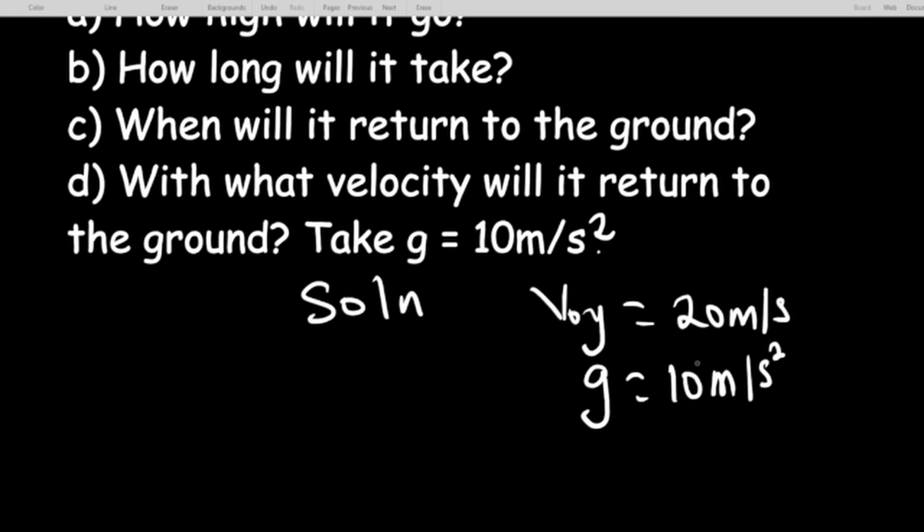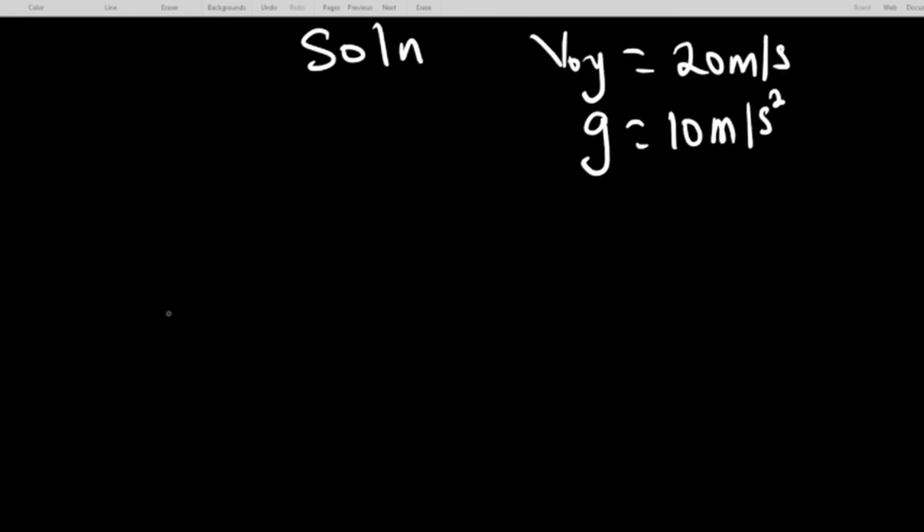For the first part, we were asked to find the maximum height, which is how high the ball is going to go. So this is the case, something like this. The ball is projected from this point, it goes up and then returns to the ground. So this point is the maximum height.